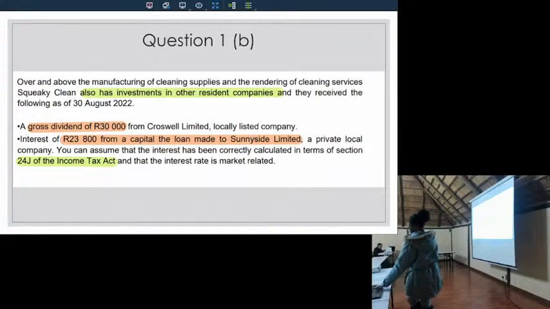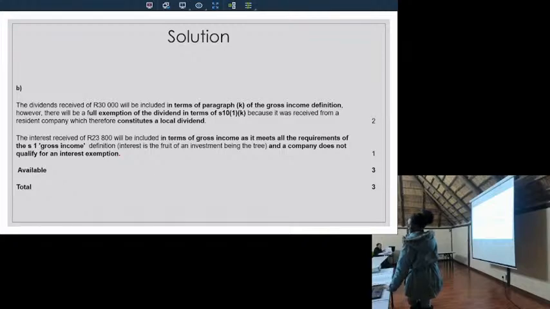Are we good? So in any other case, it talks about age. So when you read everything, you will notice that there are different limits for interest exemption. So if we're dealing with a natural person, you will always be given an age of a natural person, because that affects your rebates, that affects your interest exemption.